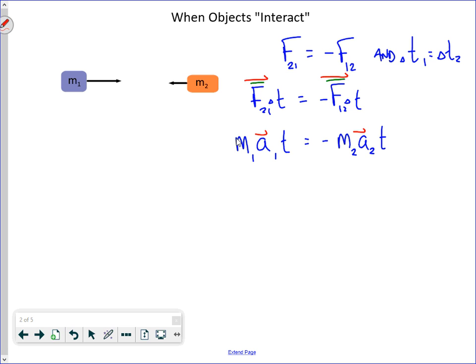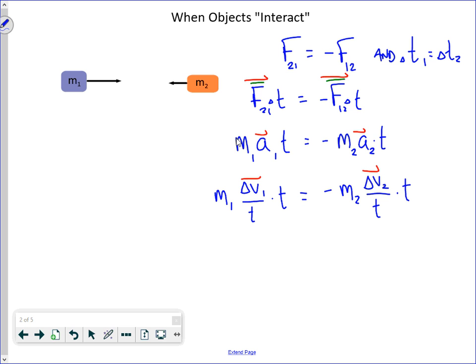These accelerations can be written as m1 delta v1, where delta v is a vector. Negative m2 delta v2. Here's that t. Delta v2 is a vector.